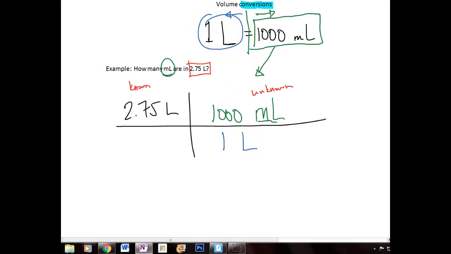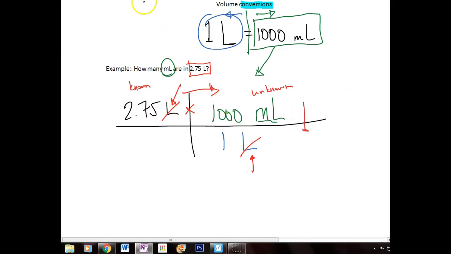Now I'm going to do a unit factor method where I actually cancel out units. I have the unit of liters here as a numerator and liters here as a denominator, so I'm going to cancel those two. The way this works is for our mathematical operation, we multiply across the top, and then we divide by the bottom.